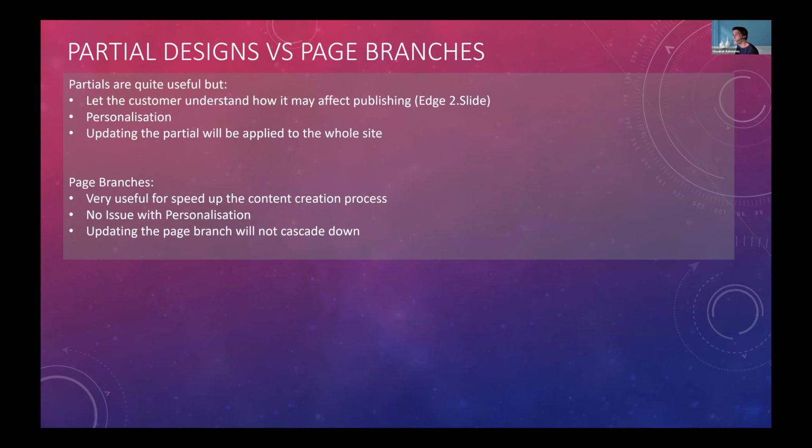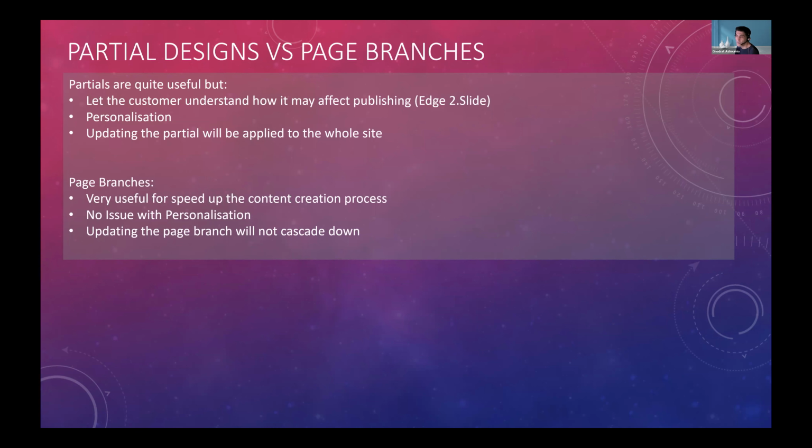If you cannot use the partial designs, the alternative is using the page branches. The benefit of the partial designs is when you update the partial designs, it will cascade down and the whole website will be updated, which is not the case with the page branches. Page branches have another use, but in such cases that you cannot use the partial designs, you can create page branches and do the templating in there.